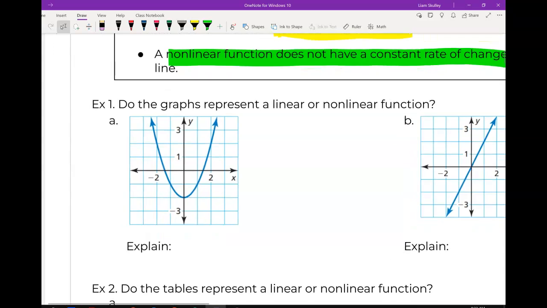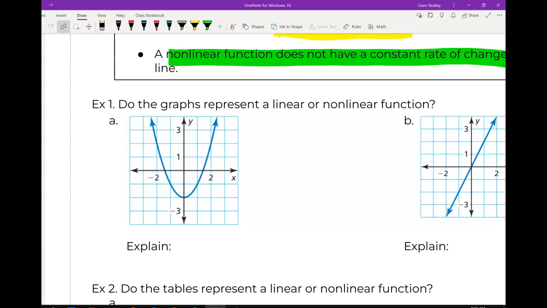And that's what we're going to start with, just identifying whether things are linear or non-linear based on a graph. We have this U shape here, which we'll talk about when we get to second semester. But think that if you were on a sled or a skateboard going down this graph, you're going to go really fast because you're going almost straight down.